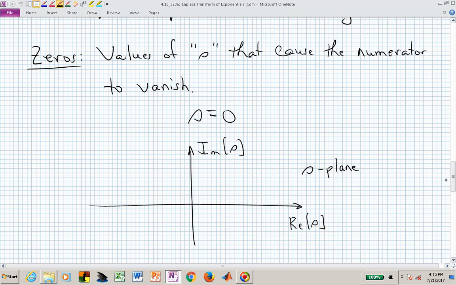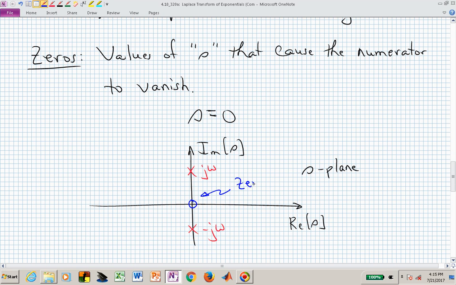If we put those poles and zeros in the complex s-plane corresponding to the cosine's Laplace transform, we end up with poles that are mere reflections of each other. We have one at j omega and its cousin or twin at minus j omega, and we have a zero at the origin.